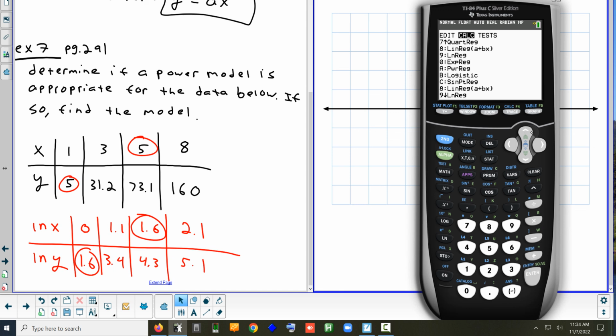A. Option A, which is a power regression. As long as you put your x's in L1 and your y's in L2, you don't have to change where it says the x's and the y's are. If you used L3 and L4, that's okay, but you need to tell the calculator that right now. Okay, we used L1 and L2, so we're good. Go to calculate.